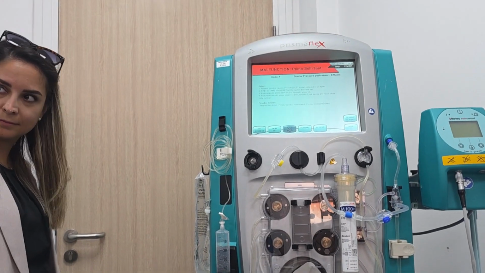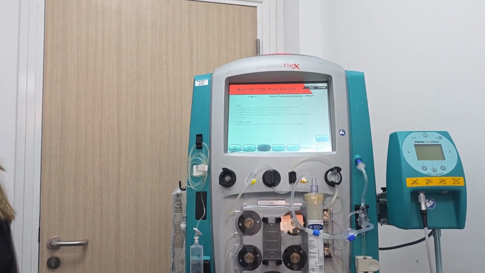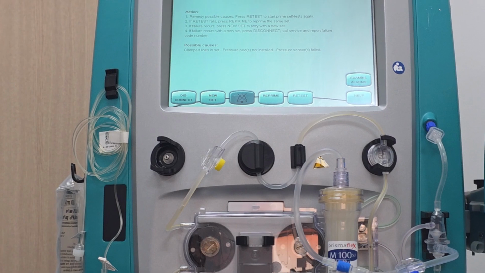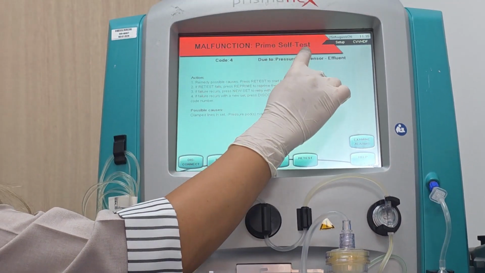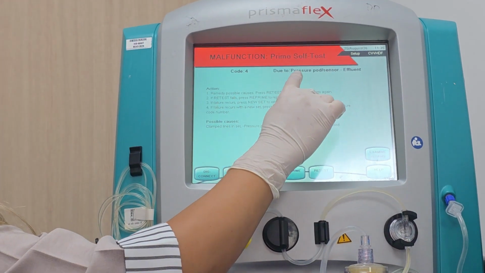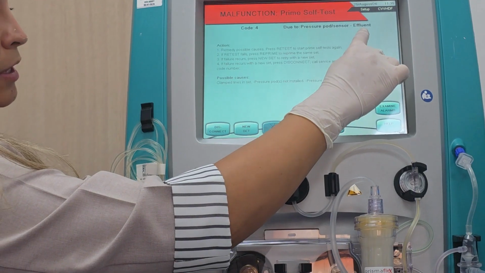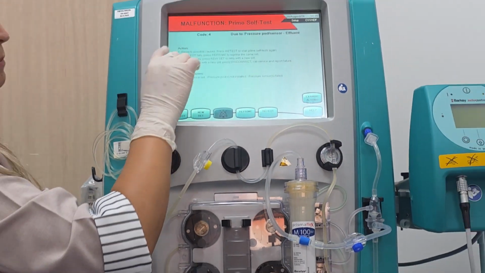Pressure sensor problem. Prime self-test. Yeah, so where? Top there. Exactly, correct. So see, when we have malfunction, prime self-test, I should read this: due to pressure sensor effluent. So it means this one. Look what will be my action.